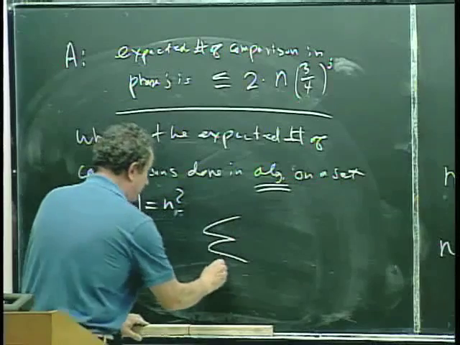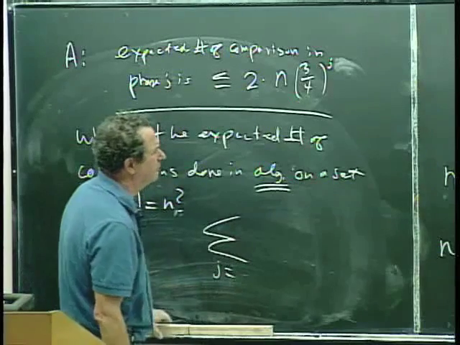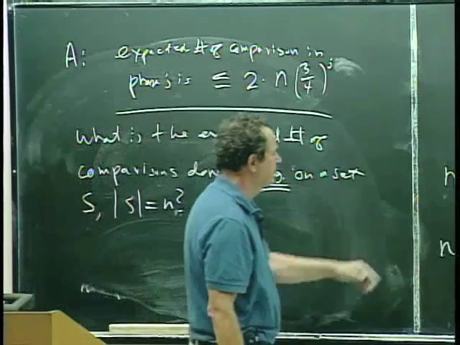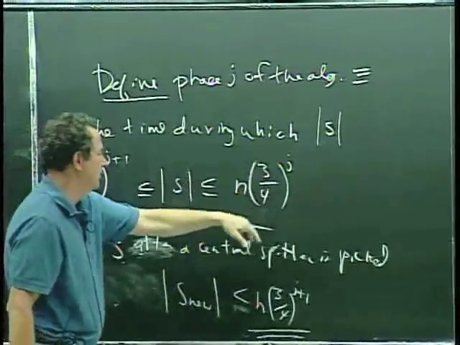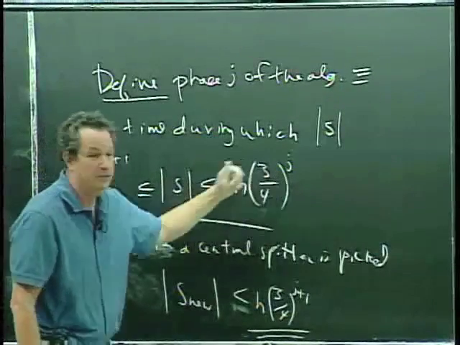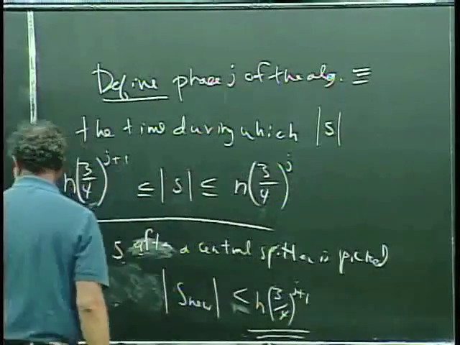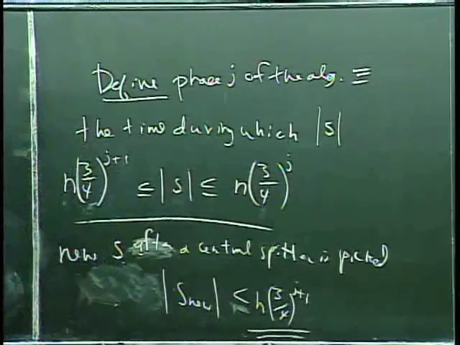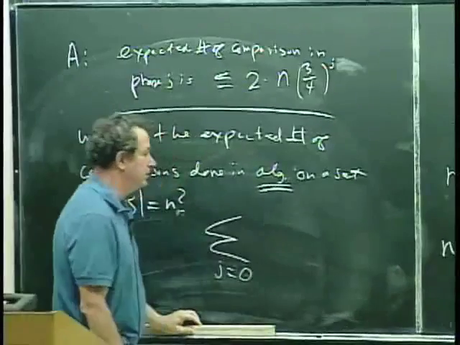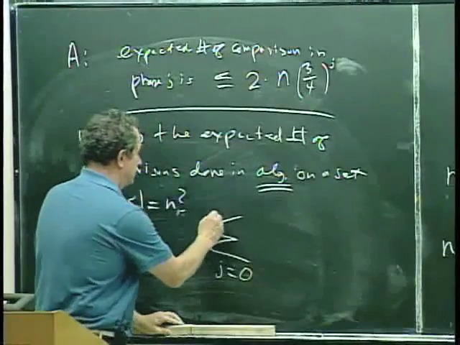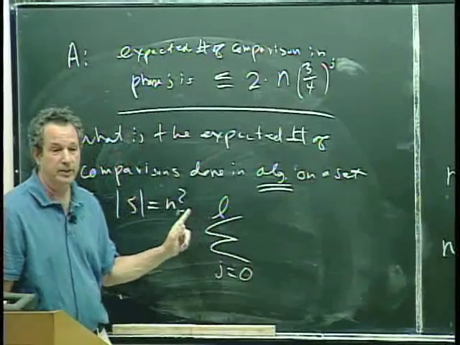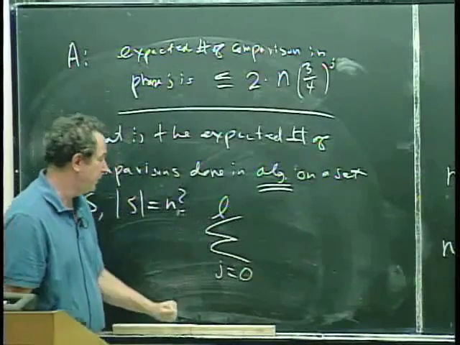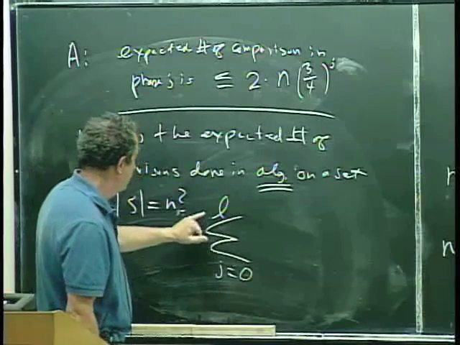Okay? So what phase do we begin in, by the way? 0, yeah, it should be 0 because 3/4 to the 0 is 1. All right, so j starts out at 0, and we'll just denote the last one by L at the moment. I don't know what that's going to be. We'll figure that out, or maybe we won't need to.